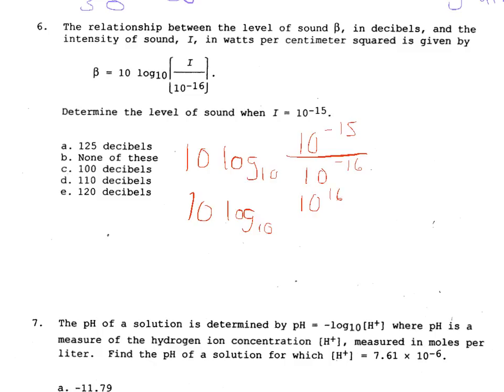So we'll flip it over as 10 to the 16th over 10 to the 15th, which is really just 10. So we have 10 times log base 10 of 10. Log base 10 of 10 equals 1, so 10 times 1 is 10. So the answer is actually none of these, since the decibel level would be 10.